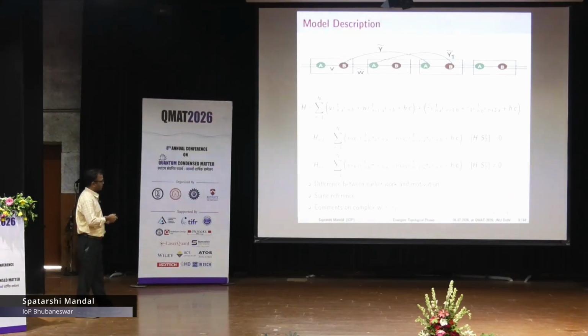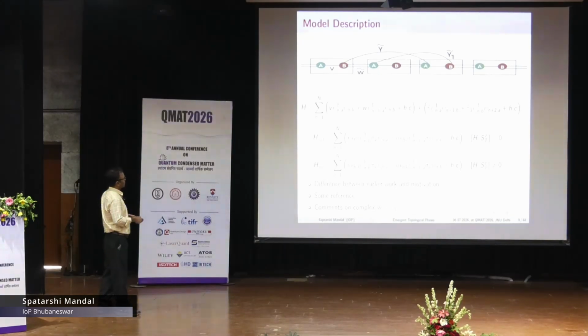This is our version of the SSH model. So we took the simple SSH model. This is the first part, and then we put a spin orbit coupling like this. What this spin orbit coupling does is a spin dependent hopping, but it does conserve the spins.